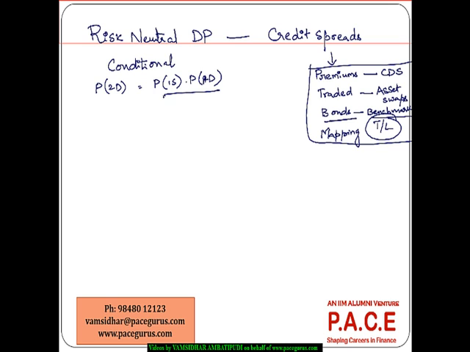That is how we have to compute it chain-wise. If I take an example, that can help us derive the formula better. Let's say I'm dealing with a counterparty that has a 10% probability of default each year. Every year it's a constant 10%.